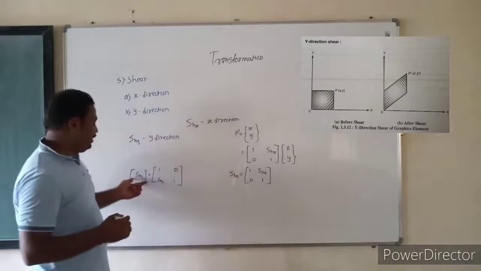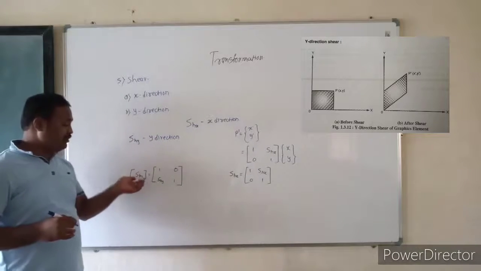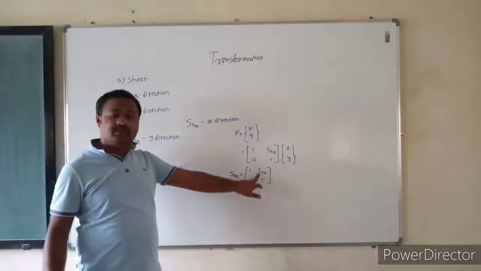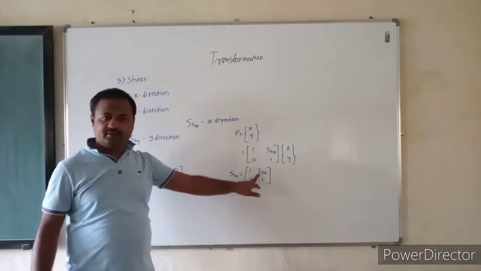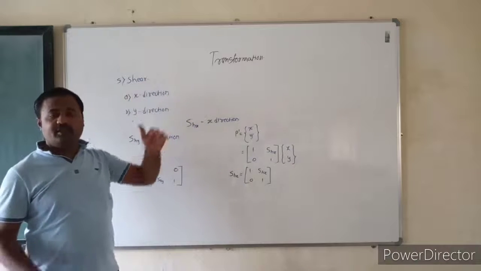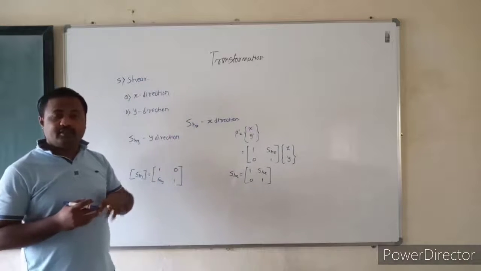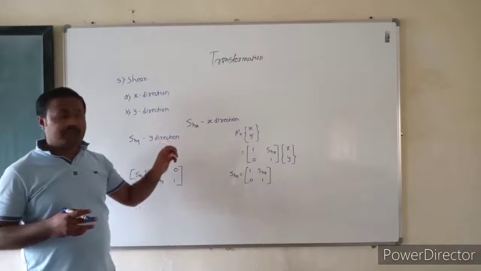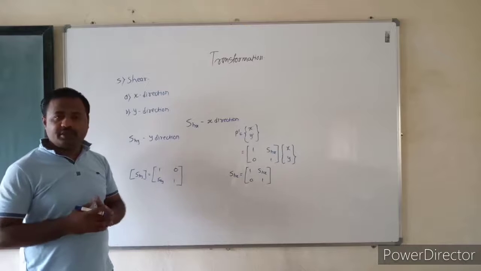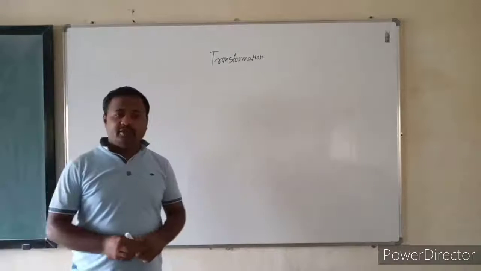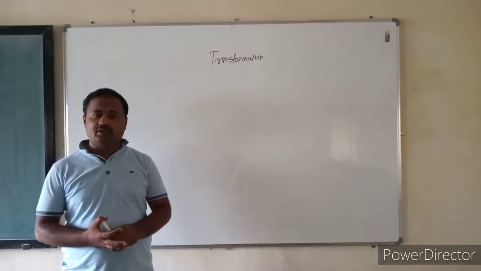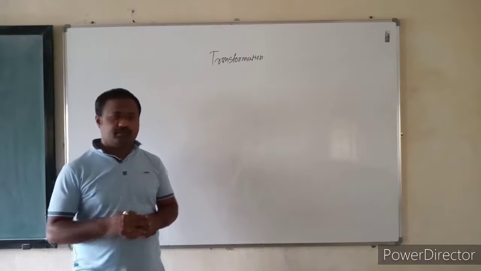It is the matrix for finding the new coordinates for shearing in y direction. Okay. These are the 5 types of transformation, and we have to see what the transformation matrices are for all 5 types of transformation. Okay, go for next. Next in transformation is concatenated or composite transformation.